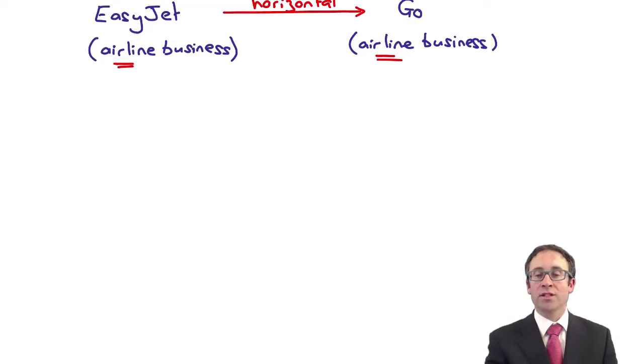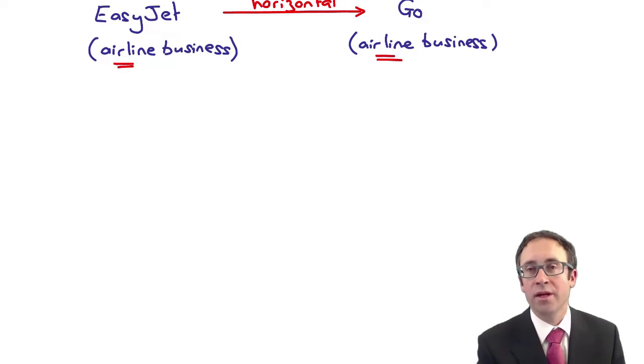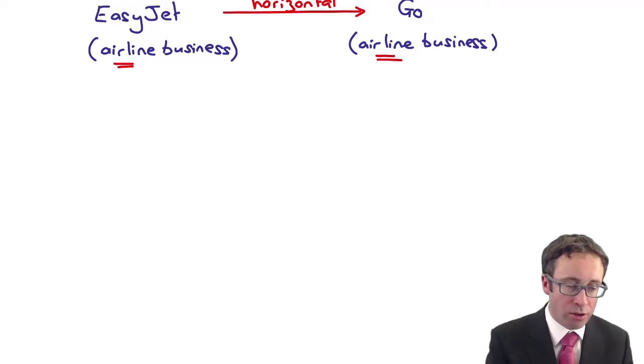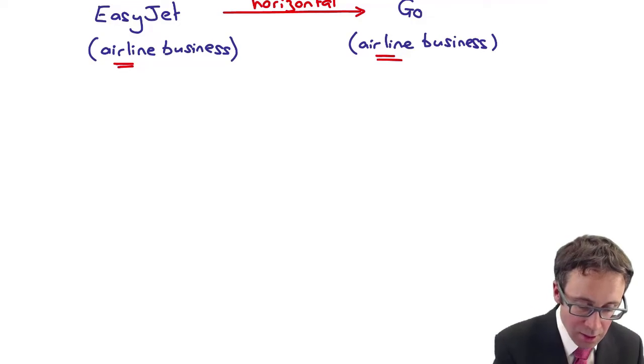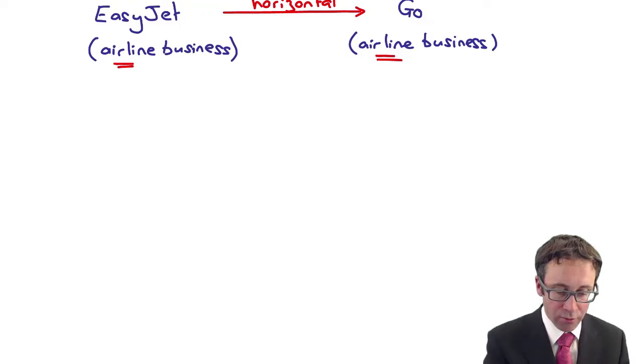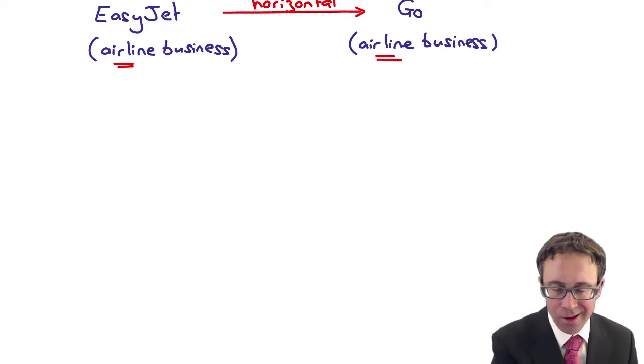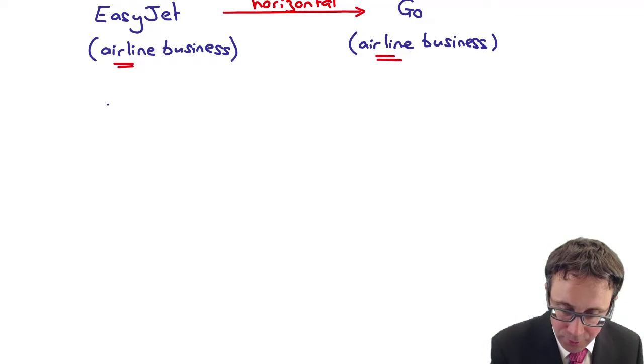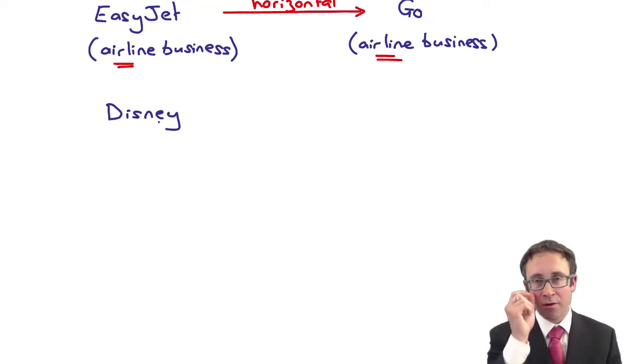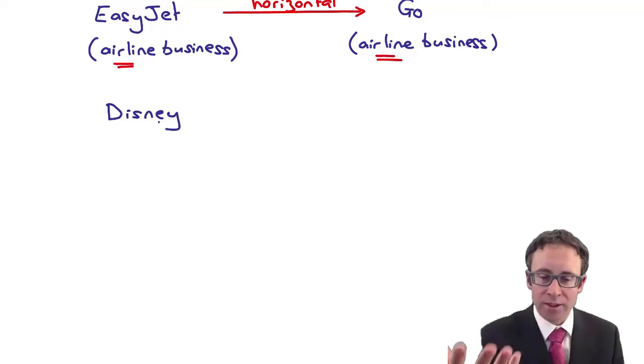There are other types of integration as well as just your horizontal integration. What we could also go through and do there is, again using real world examples, you could have there, is it Disney? Okay, so everybody hopefully knows about Walt Disney.